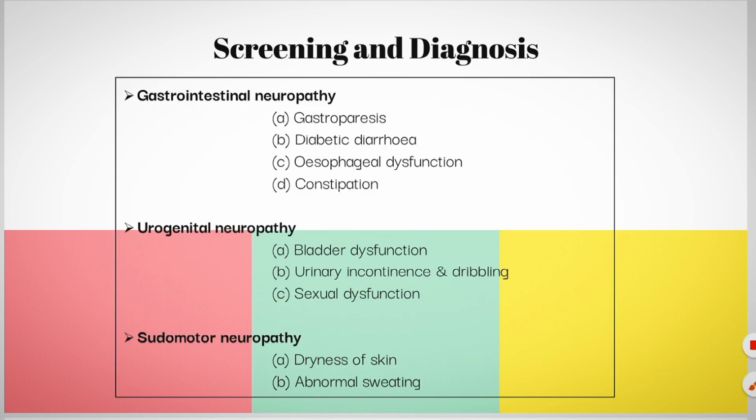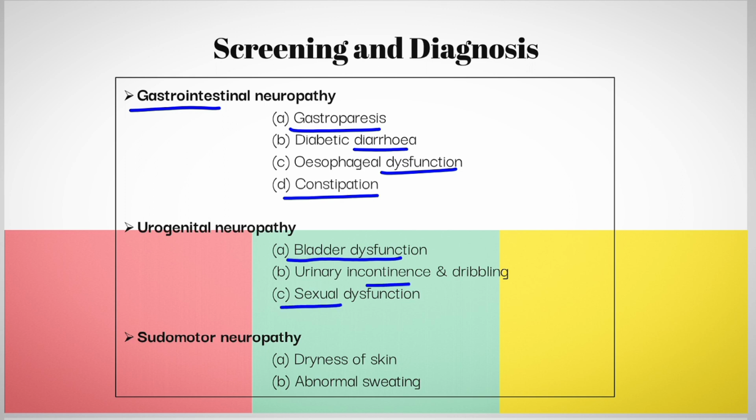In gastrointestinal neuropathy, the person can present with gastroparesis, diabetic diarrhea, esophageal dysfunction, constipation. In urogenital neuropathy, there will be bladder dysfunction, urinary incontinence and dribbling, sexual dysfunction. In pseudomotor neuropathy, there can be dryness of the skin or abnormal sweating pattern.